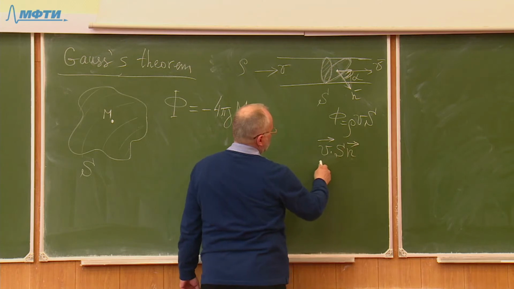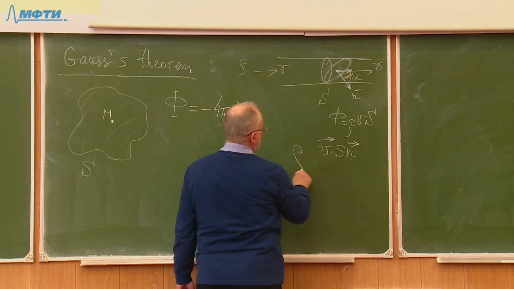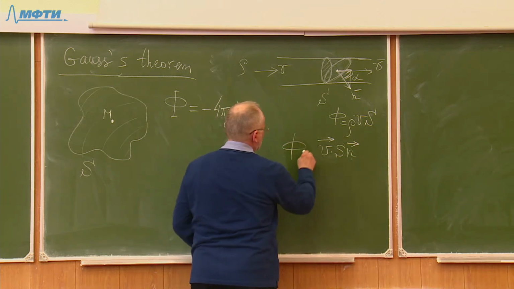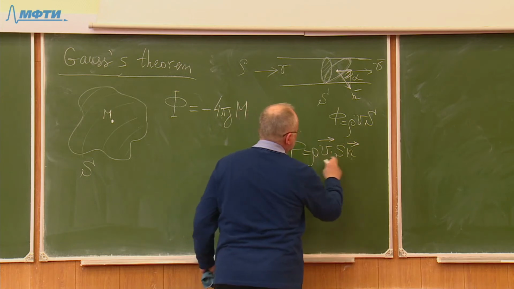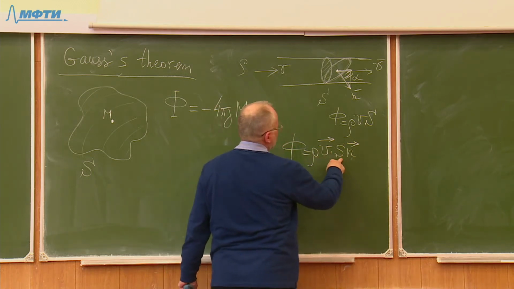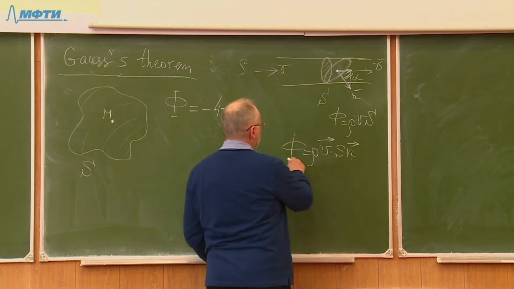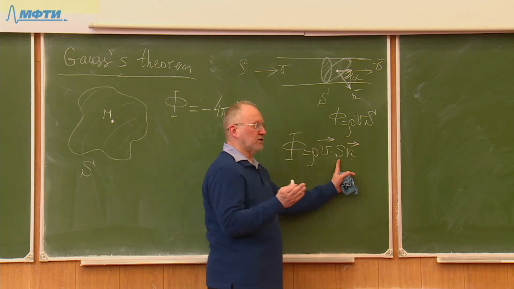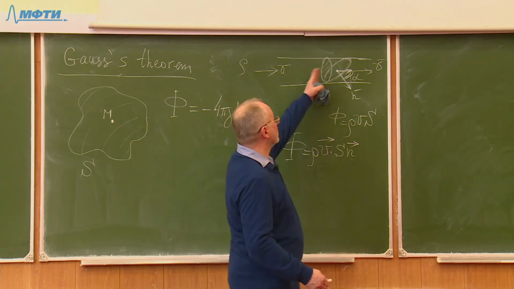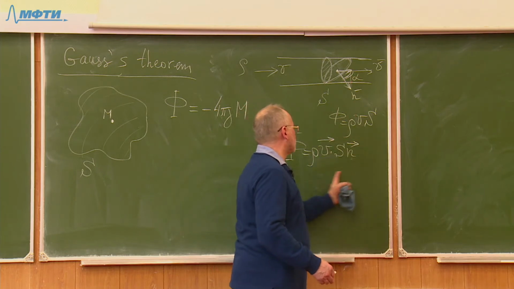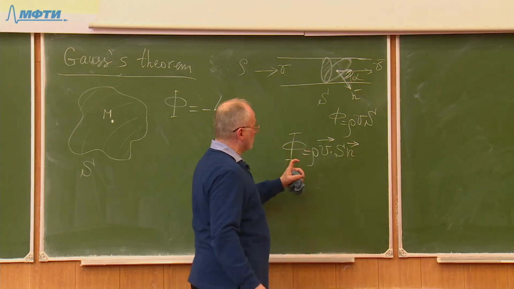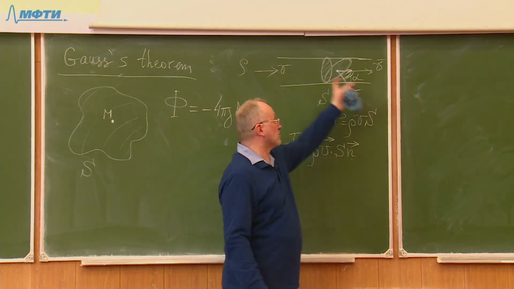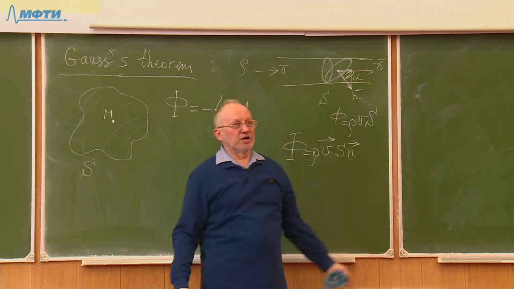So if we compose such a quantity as flux equal to density and scalar product of velocity and area, then this flux will not depend on which area we take, how the cross section is inclined inside the tube. For any angle alpha, the result will be the same, which corresponds to the meaning of this quantity, which is just a number of kilograms of liquid flowing per unit time.